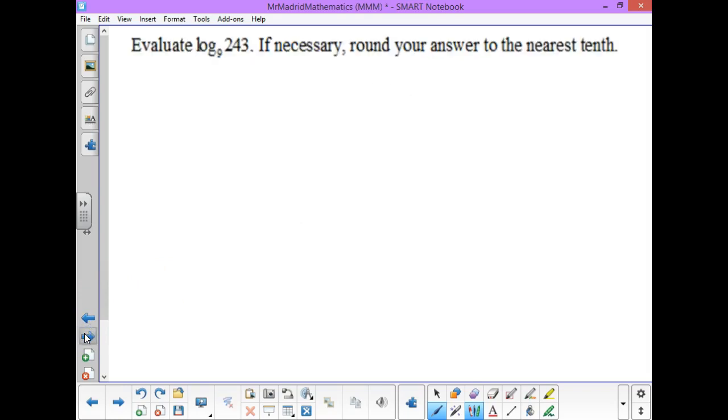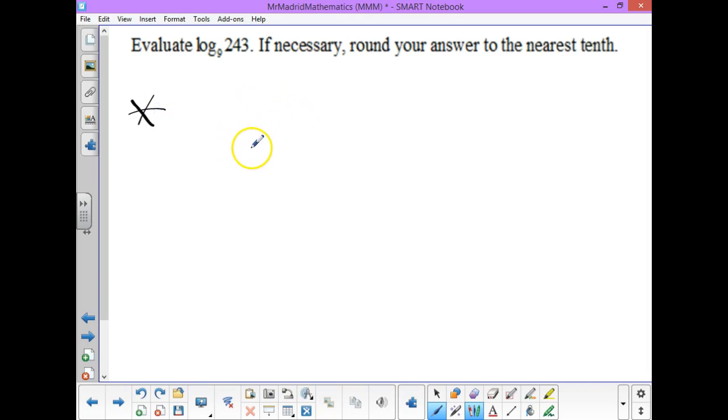All right. This next problem says evaluate log base 9 of 243. If necessary, round your answer to the nearest 10. So in this case, round your answer to the nearest 10. Alright, what can we do here? Now this one's a little more intense, so guess what?